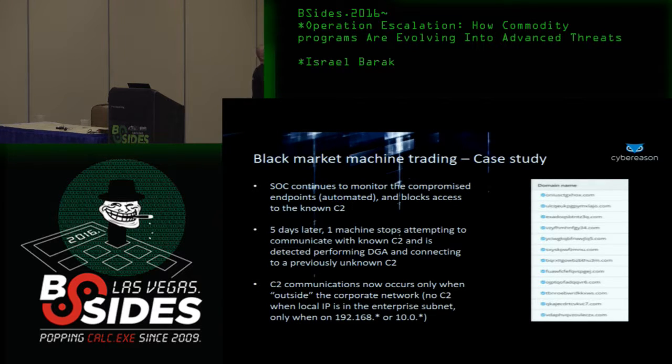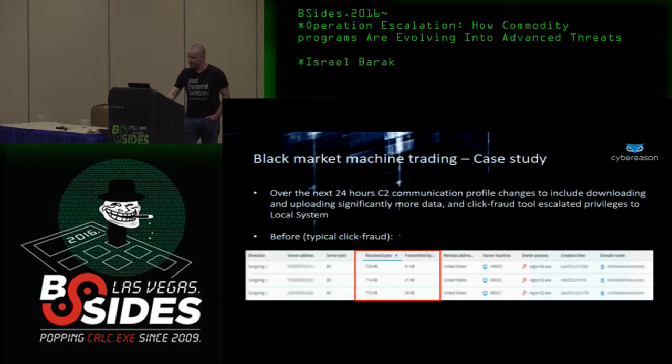Now, communication only happened when the local IP address started with 192.168 or 10.0. Typically, that happened when that mobile machine was out of the corporate network. And so the C2 communication went uninterrupted. And that is typically not something that you see from a broad, completely automated operation. That's typically something that you see as a result of a certain analysis that's done on the attacker's side on the machine that they're working on.